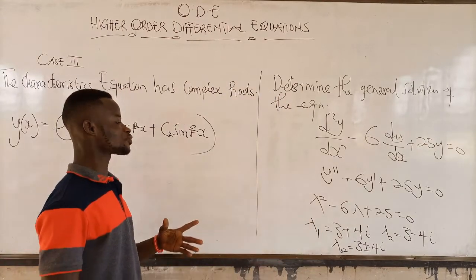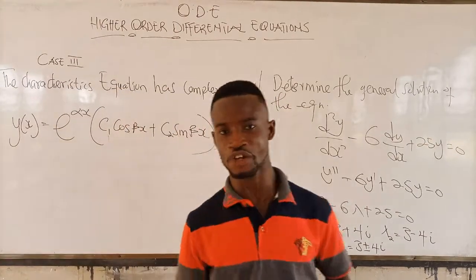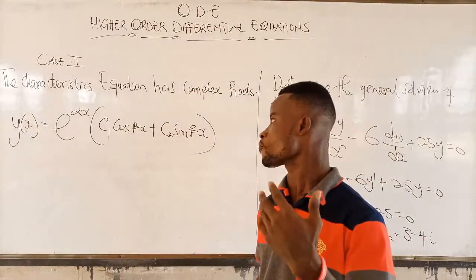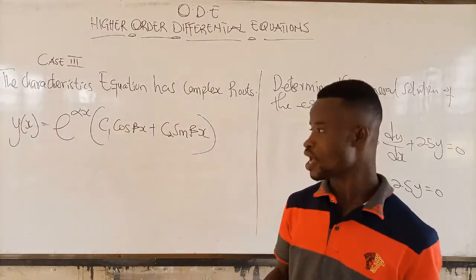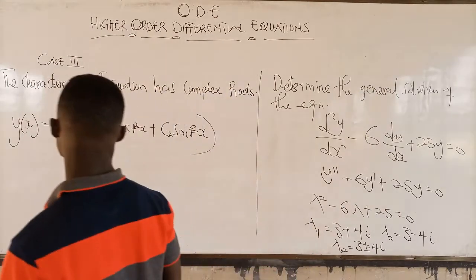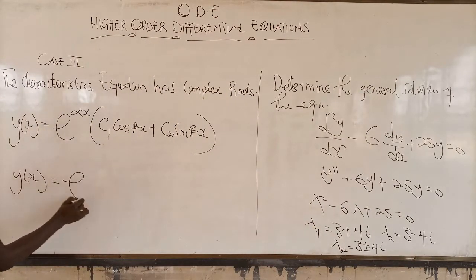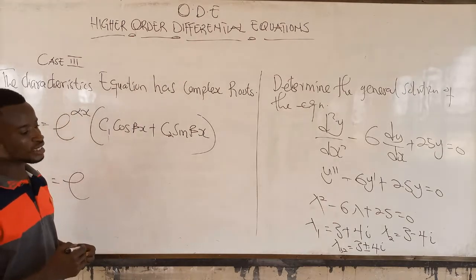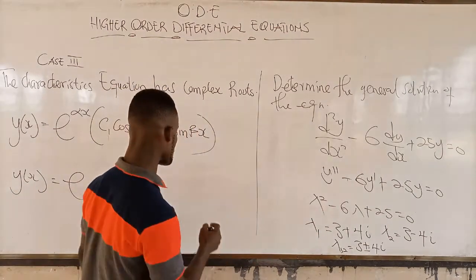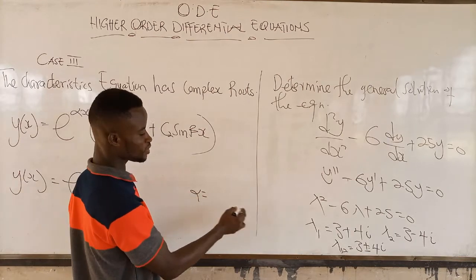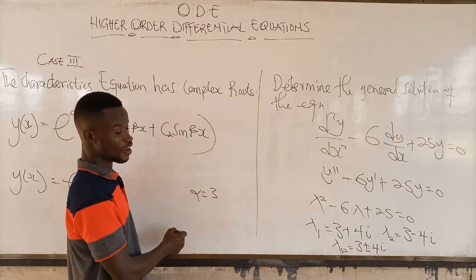Then after that, we go and write our general equation. For you to write the general equation, it's still not difficult. We come back, then we write e raised to the power lambda. What is lambda here? The lambda here is representing the 3.